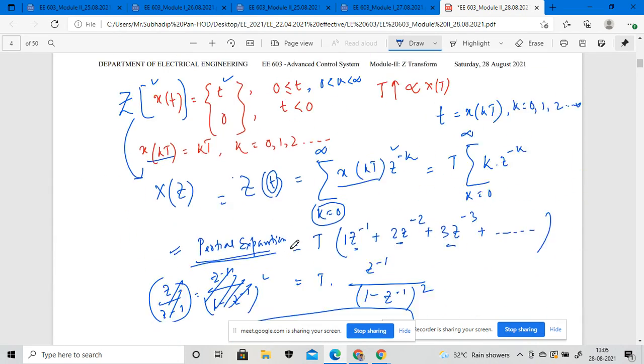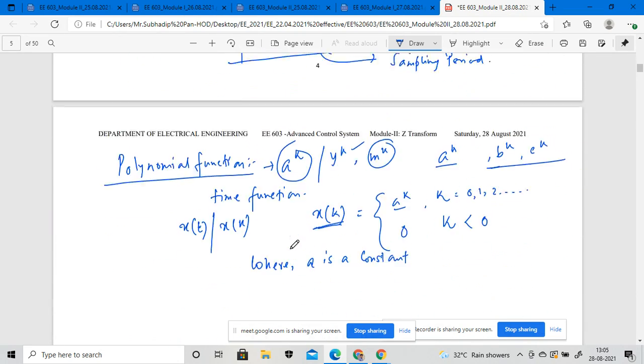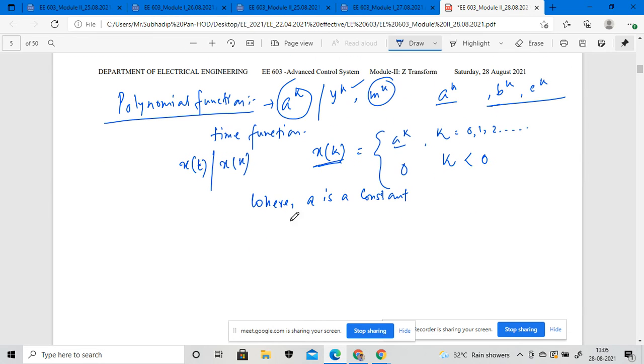So this will be a little bit different from the ramp function and the step function, where the value of a is a constant part. Suppose I apply the z transformation in the two-sided mode, then how the polynomial function acts in the z transformational method, that thing we will discuss.